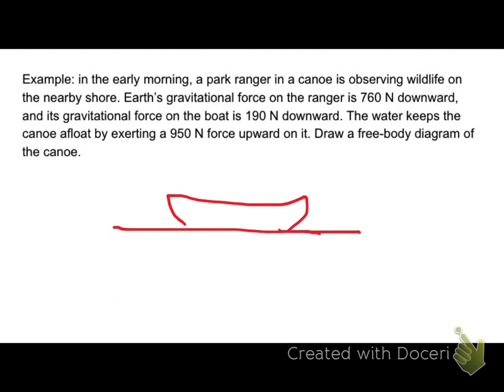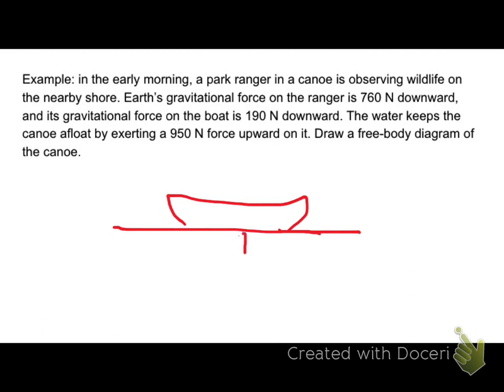They said there is a 760 newton downward force on the ranger, and we know that force on the ranger is exerting that same force on the boat, because that's what he's in. So that force plus the downward force on the boat is going to be our downward force on this diagram.